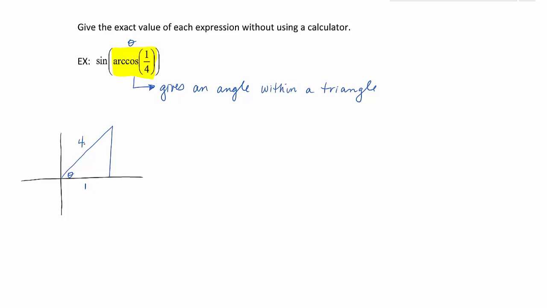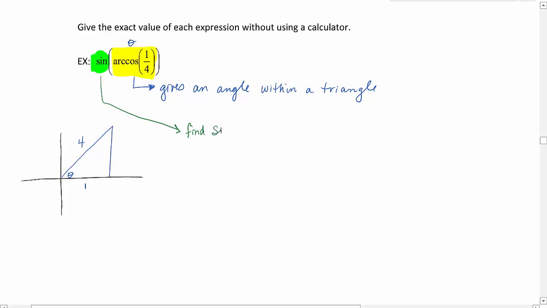Now, why do we care about finding the third side of our triangle? Because ultimately we want to find sine of this angle. And since we weren't able to get an explicit angle, we're basically looking for sine of the triangle. And for sine, we need the y over r.